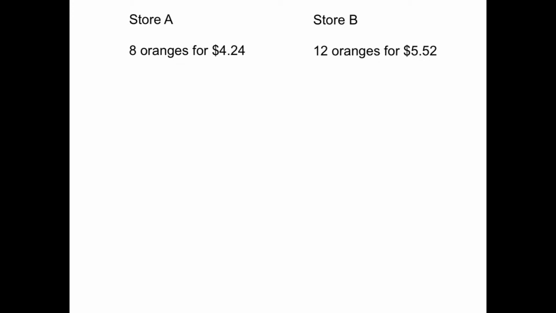To find the unit rate of an item, we need to know the cost for one item. Well, how can we find the cost of one orange if we know the cost of 8? 8 oranges cost $4.24. We know that the rate for store A is $4.24 for every 8 oranges. But we need to know the unit rate, meaning the price for one orange.